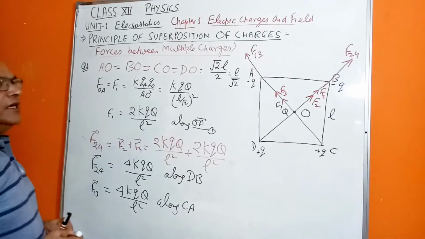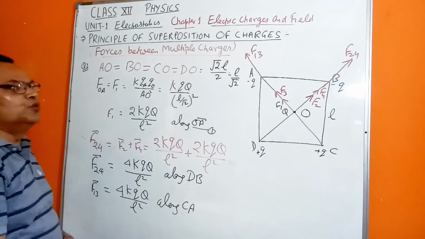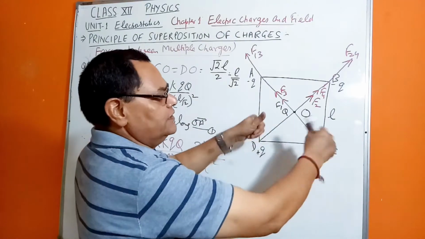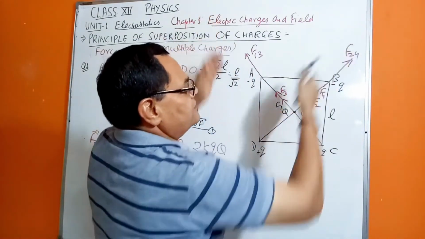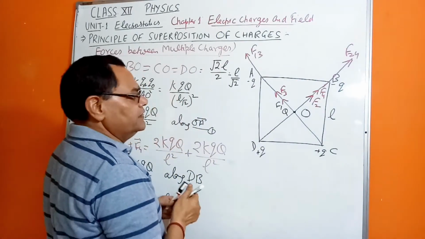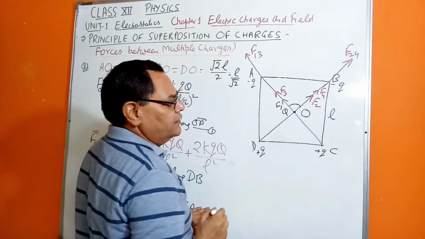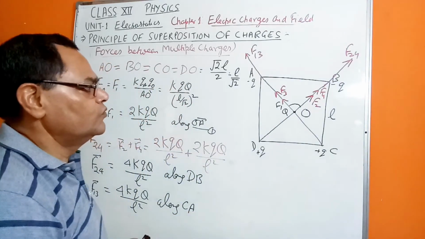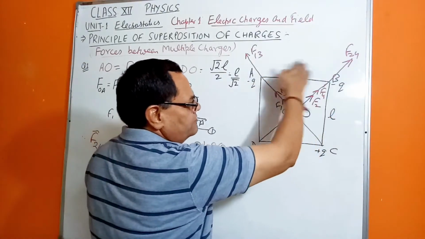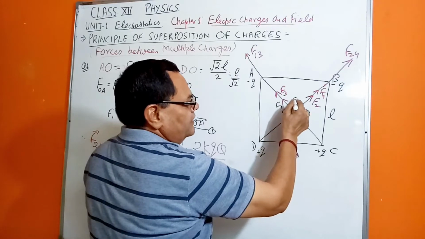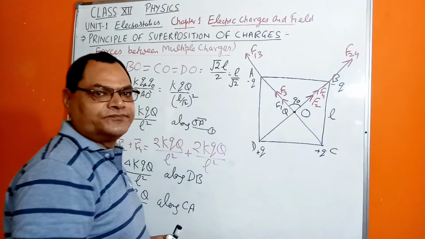Now what is the resultant force? Should we add them directly, algebraically? No, because the forces are not in the same direction, as this way or that way. They are acting at certain directions, meaning they are acting at a certain angle here. What is this angle? This was a square, so they are at 90 degrees.